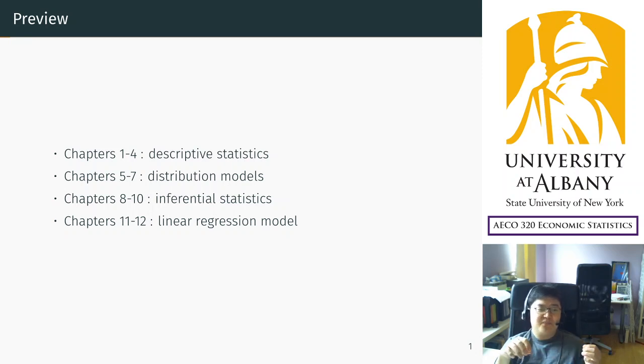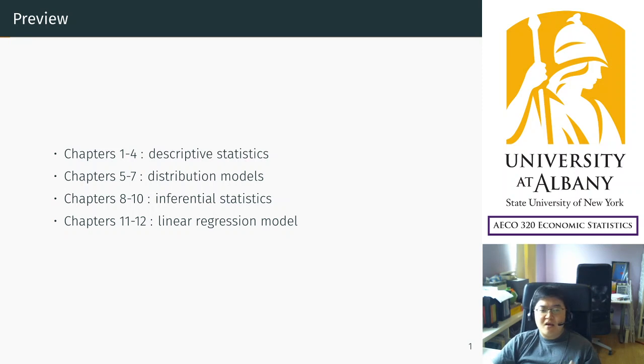And then finally, chapters 11 and 12 are about the linear regression model. So this is pretty much a standard organization of an introductory statistics textbook or class.